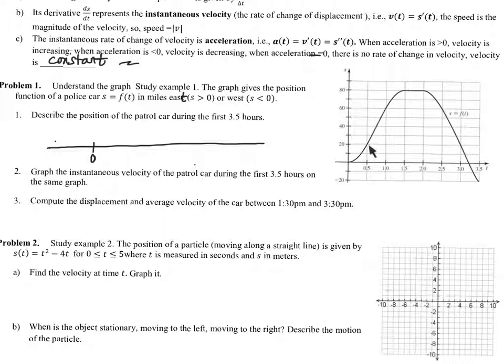Because it's greater than 0, I know it's going to be to the east, so the first half hour the car goes to the east. Then 1 hour later the car is at 60 miles to the east, and 1.5 hours later the car is 80 miles to the east.